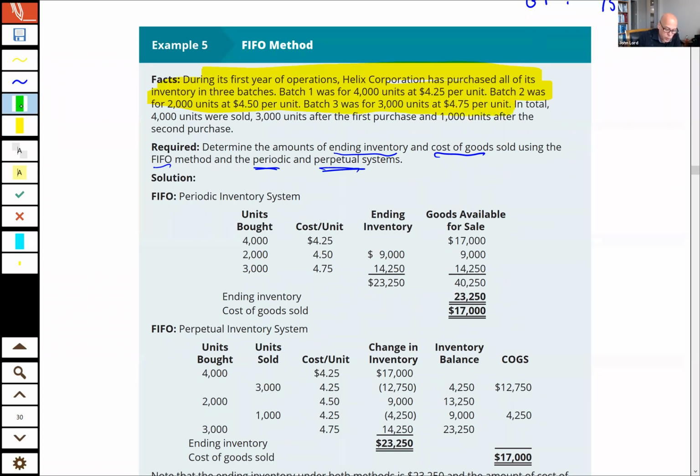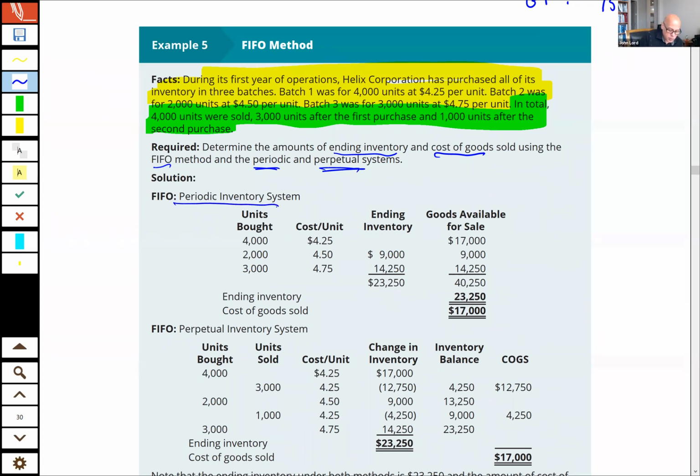They sold 4,000 units. 3,000 units were sold after the first purchase, and then 1,000 units after the second purchase. Okay. Now you come over and we're going to calculate cost of goods sold and ending inventory using periodic, using perpetual. So let's go ahead and let's look at periodic.